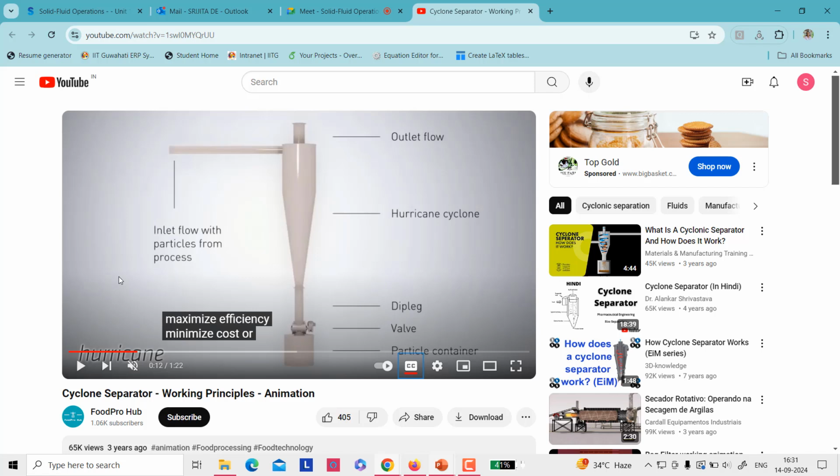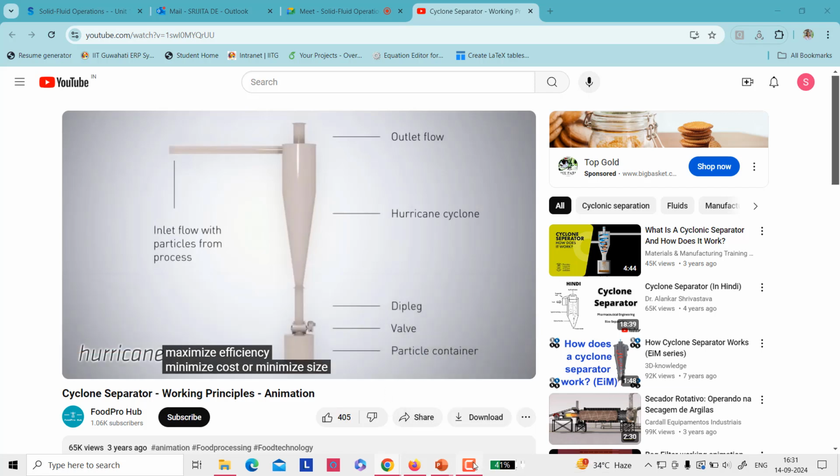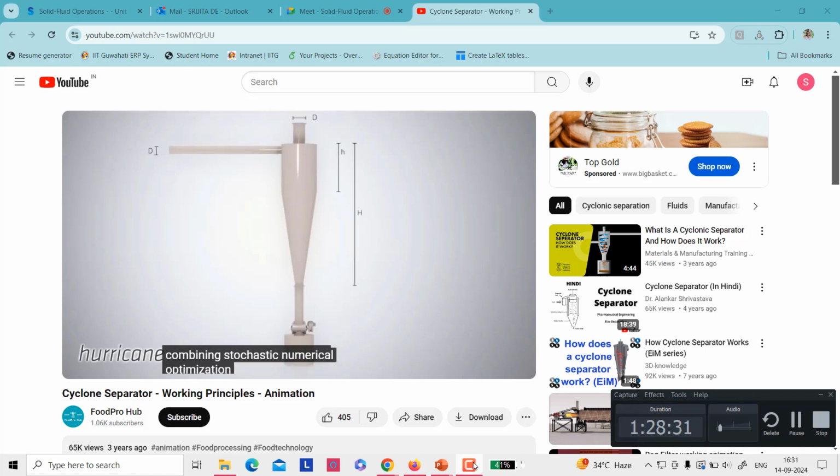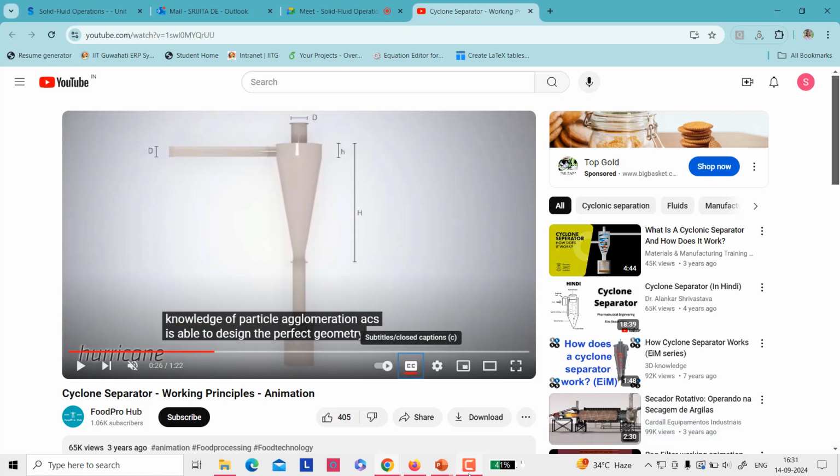From the top, this is the outlet flow. Then this is the cyclone. This is the valve and the particle container. We can optimize the cyclone depending on the height, the particle, and our requirement; we can change the size of the particles and change the shape of the cyclone separator.